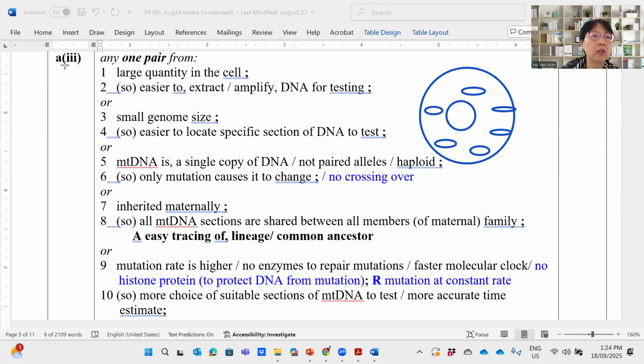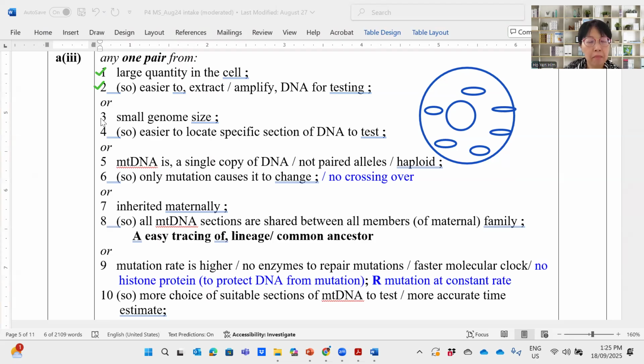So we have a large quantity of the mitochondrial DNA in the cell. Okay? So when you've got a large quantity, it is easier to extract because you've got many mitochondria. So it's easier to extract, easier to amplify for DNA testing. Okay, so this is one set of answer.